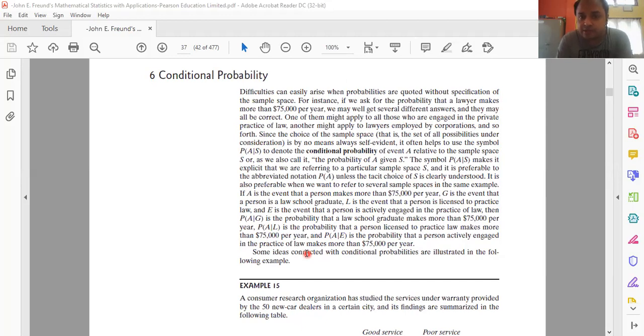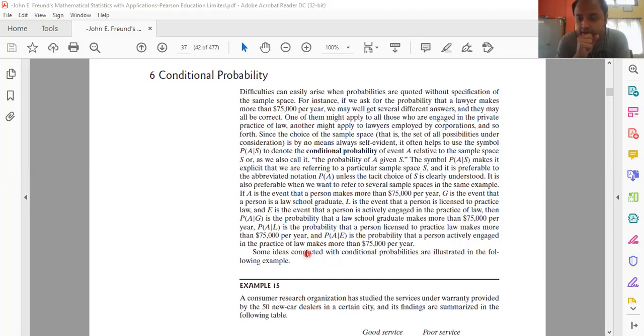Now, sometimes with respect to the situation or our requirement, we squeeze the sample space. We try to find the probability, the chance, of an event with respect to a sample space which is not the original one but a modified one, which contains a lesser number of items.